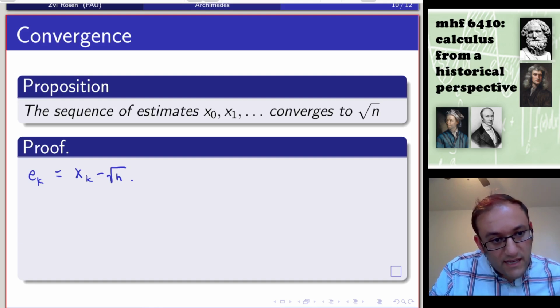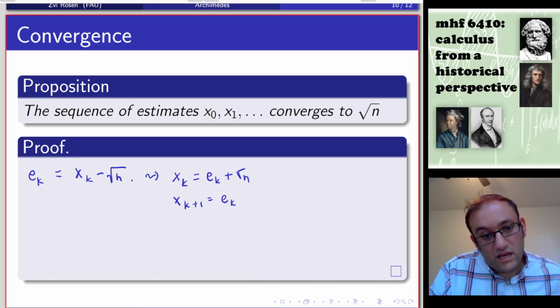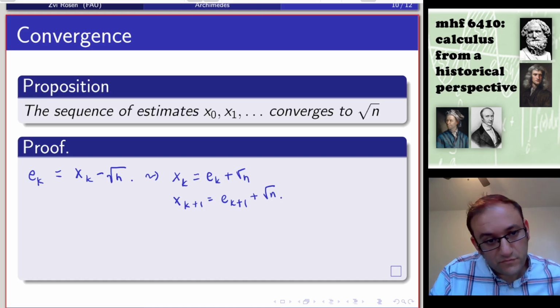So let's reformulate this to x_k equals e_k plus root n, and similarly x_{k+1} equals e_{k+1} plus root n.